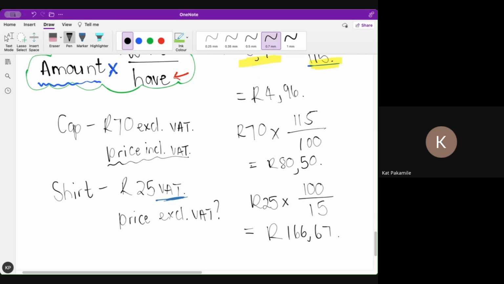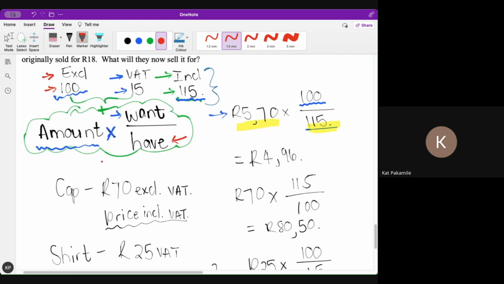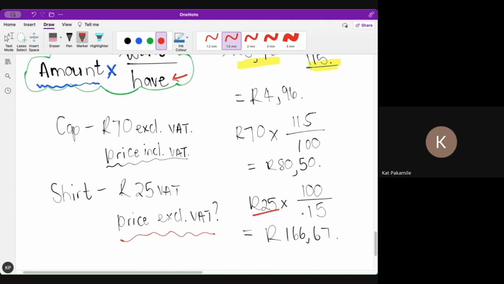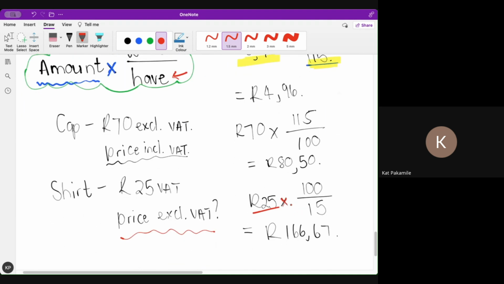Ziva, we have the same type of question here, okay? I'm telling you that I was charged 25 rand VAT on a shirt, and I want to know what was the price of this shirt before I was charged 25 rand. Are you with me? So we go back to our method. This is amount, that's your 25 rand, times. Okay, what do we want?